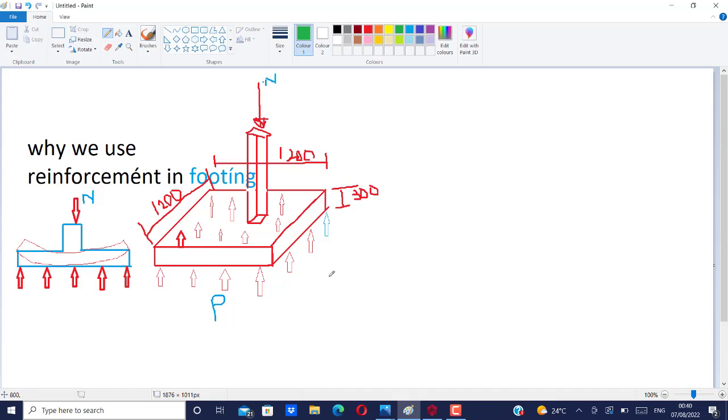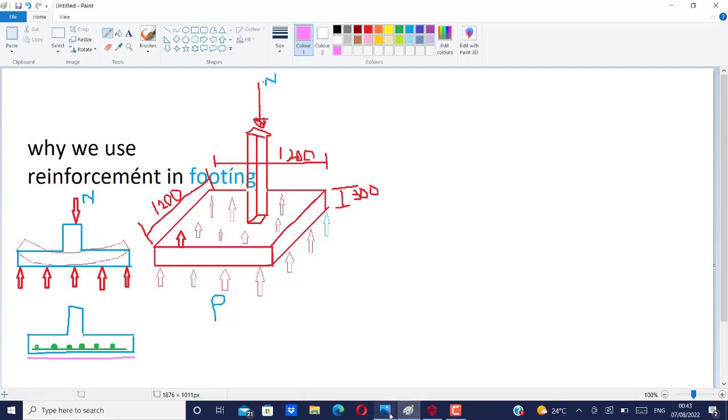So let me make a sketch trying to show us where this reinforcement is, and to also show some pictures as well. So this is the footing, and the reinforcement we are providing is to stop this footing from bending this way. We provide reinforcement to take care of this bending moment.